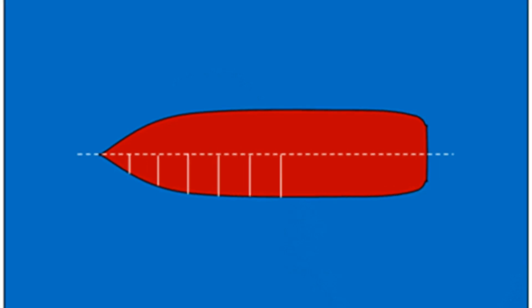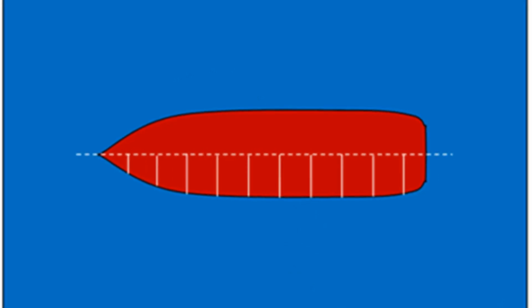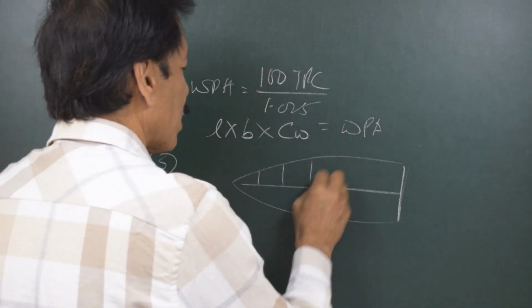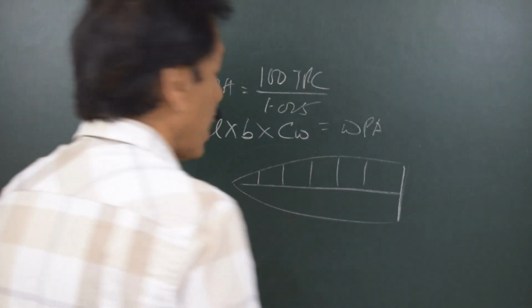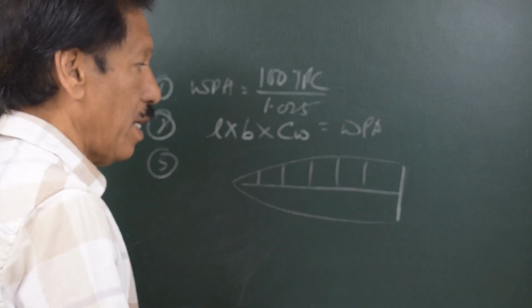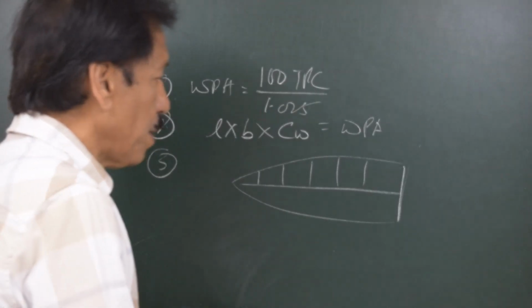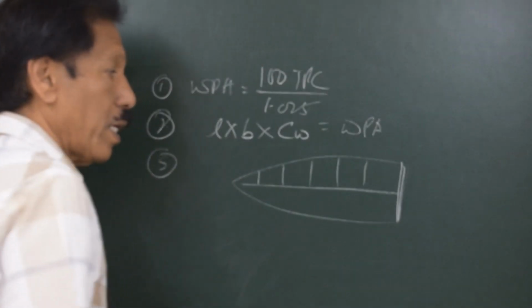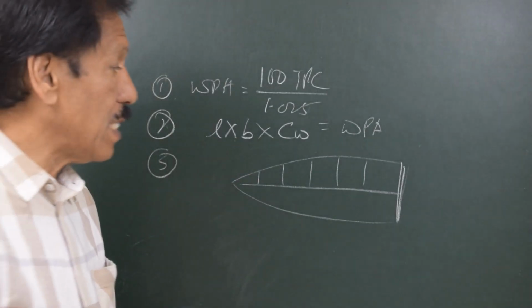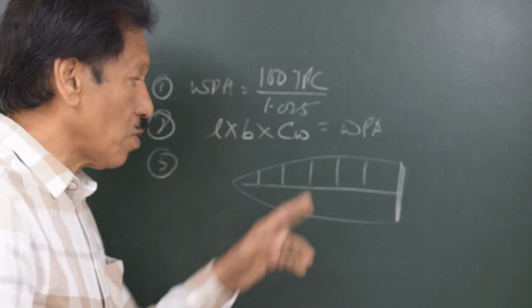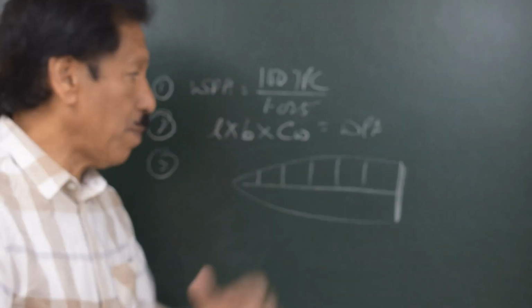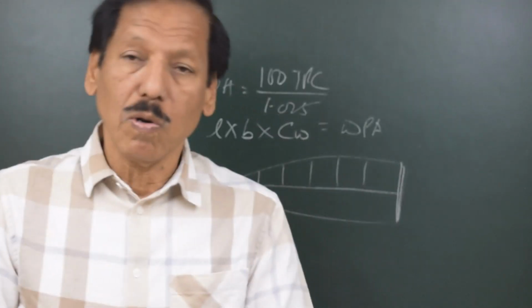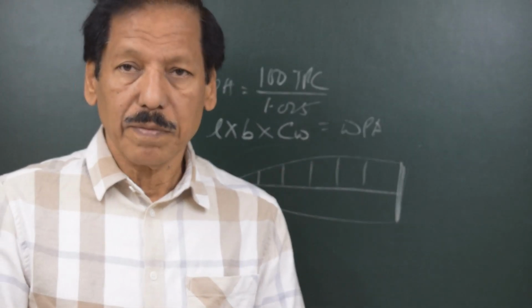Suppose we have the transverse ordinates, we can find out the water plane area by Simpsonizing, and if we have taken the moment about the aft perpendicular, we can also find out the LCF, that is the distance of the center of flotation from the aft perpendicular. So these are the different ways in which we can find out the water plane area at any draft.